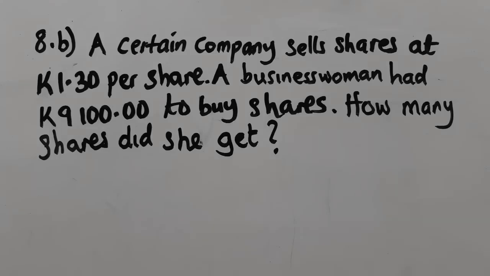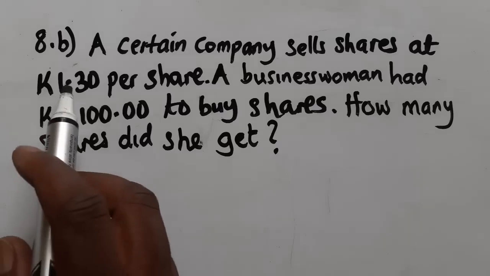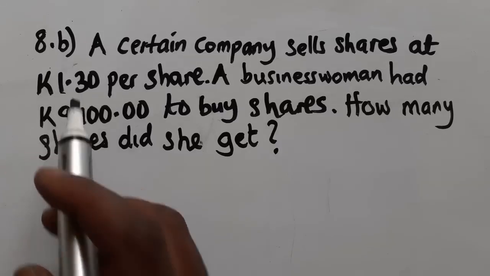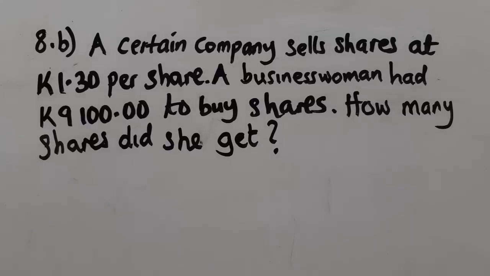So B is here, and it reads: a certain company sells shares at 1 kwacha 13 ngwe per share. That is, you buy 1 share at 1 kwacha 13 ngwe.